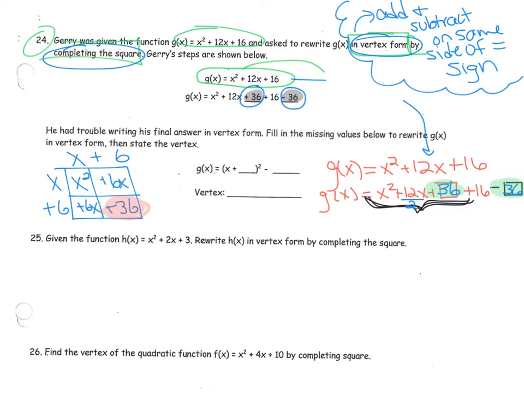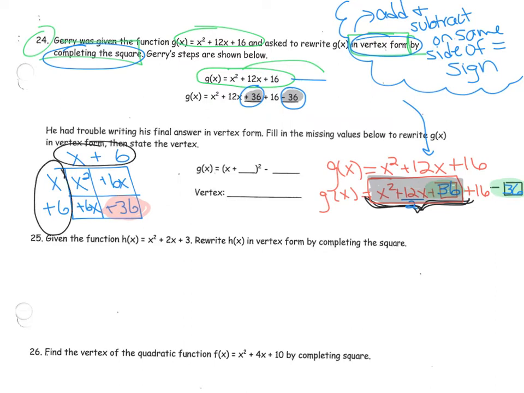Okay. Now, the next thing we need to do is express this trinomial as a product of two binomials. So this trinomial here, this x squared plus 12x plus 36, that's really the product of x plus 6 times x plus 6.